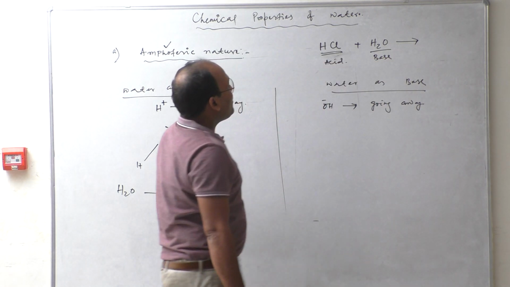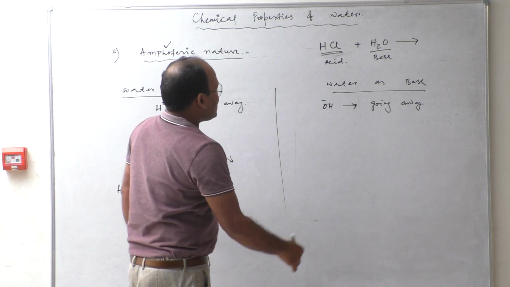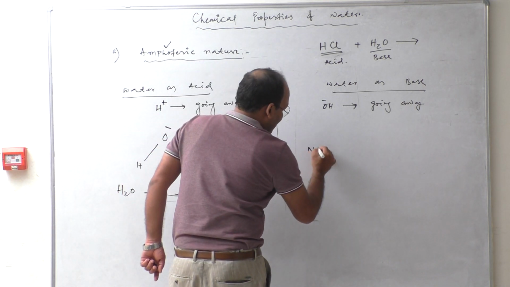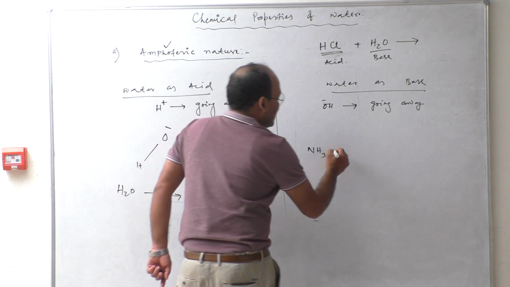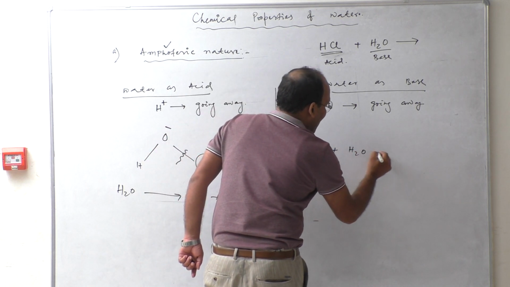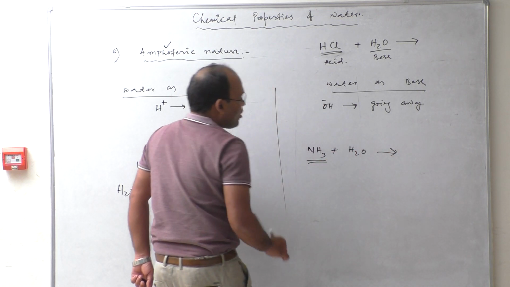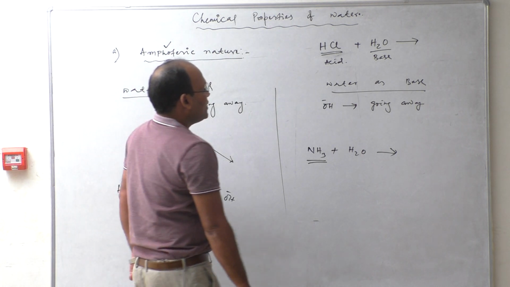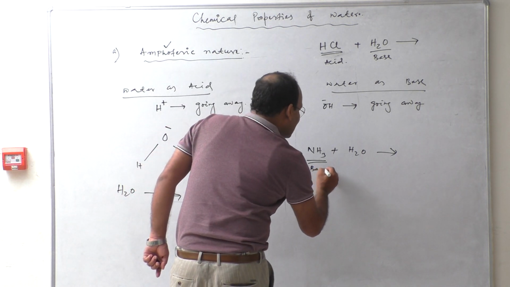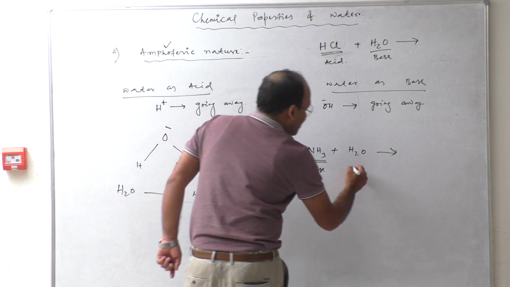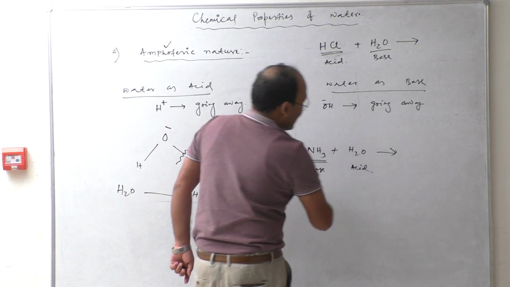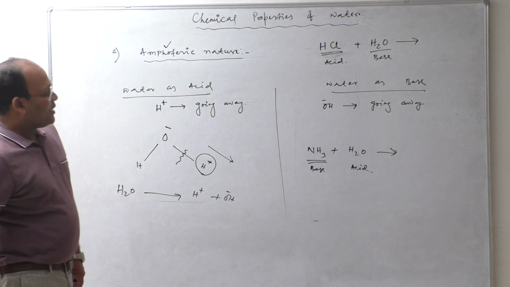Clear? If we take the example of NH3 and H2O, you know that NH3 is a strong base. As it is a base, definitely water's behavior will be acid. Right? Water's behavior will be acid.